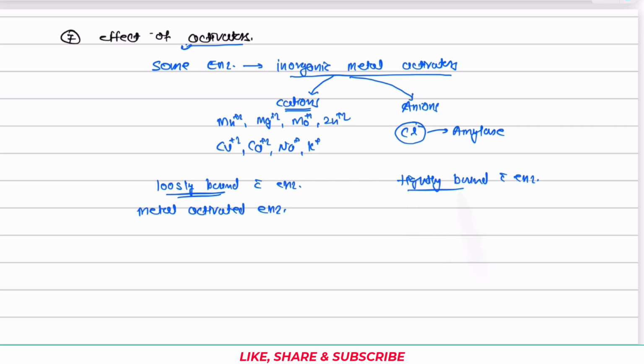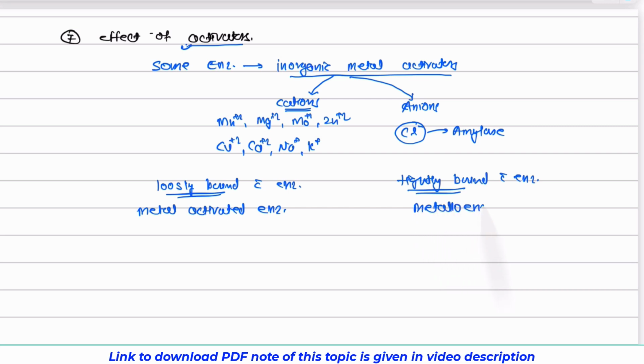And if they are tightly bound with the enzyme, inseparable from the enzyme, then we can generally refer to them as a metalloenzyme. Just to give you examples of these metal activated enzymes: enolase, which contains magnesium ions, and ATPase. These contain magnesium as well as calcium ions.